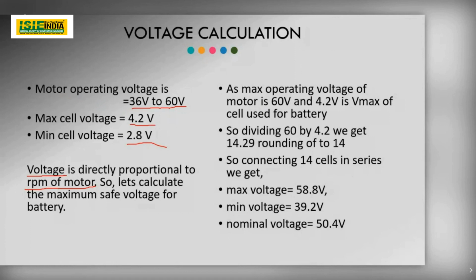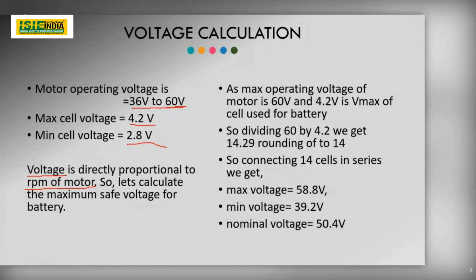If the voltage of the battery box is increased, motor RPM will increase. So for the vehicle to run at its maximum speed, the battery box should have a voltage which is in the range of the motor's operating voltage and as high as possible.